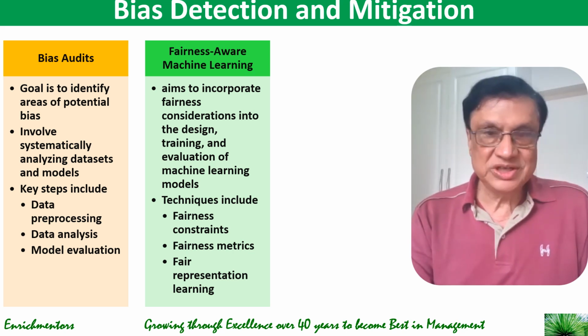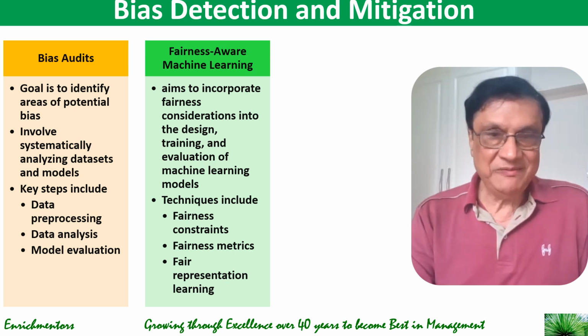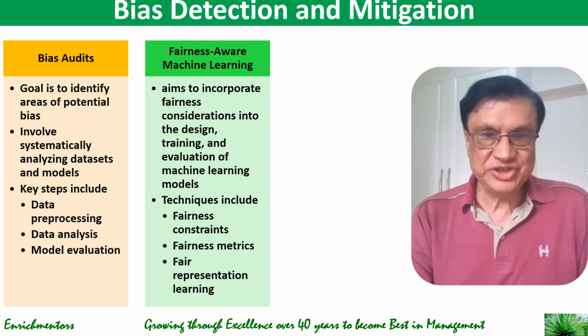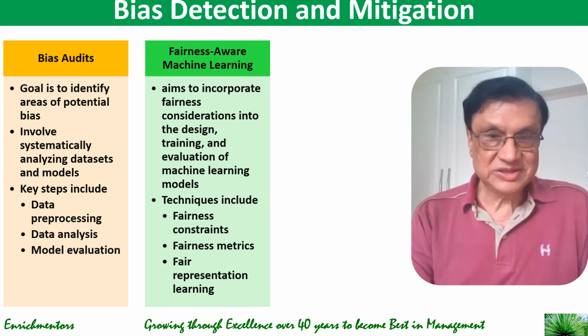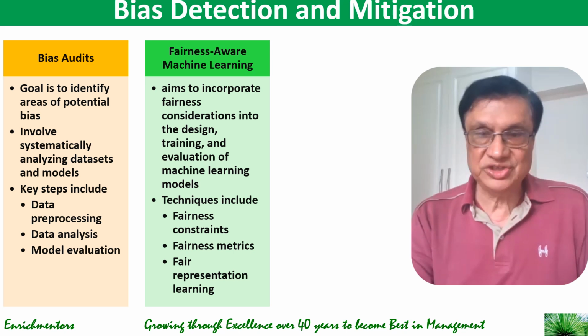Fairness metrics, which uses metrics like disparate impact, equalized odds, demographic parity, etc. And fair representation learning, where you learn a fair representation of data that minimizes discrimination while preserving utility for the downstream task. And these fairness-aware machine learning approaches seek to mitigate biases and promote fairness in model prediction and decision making.